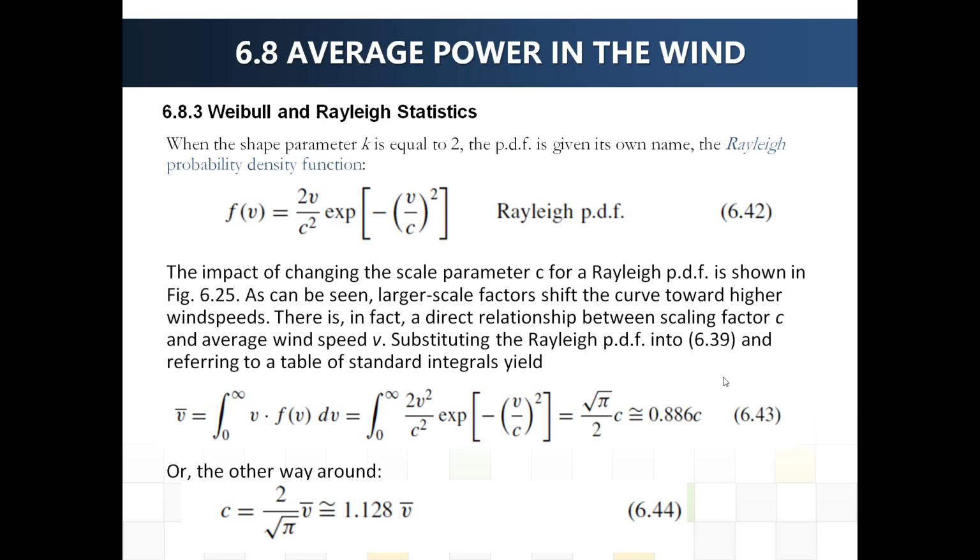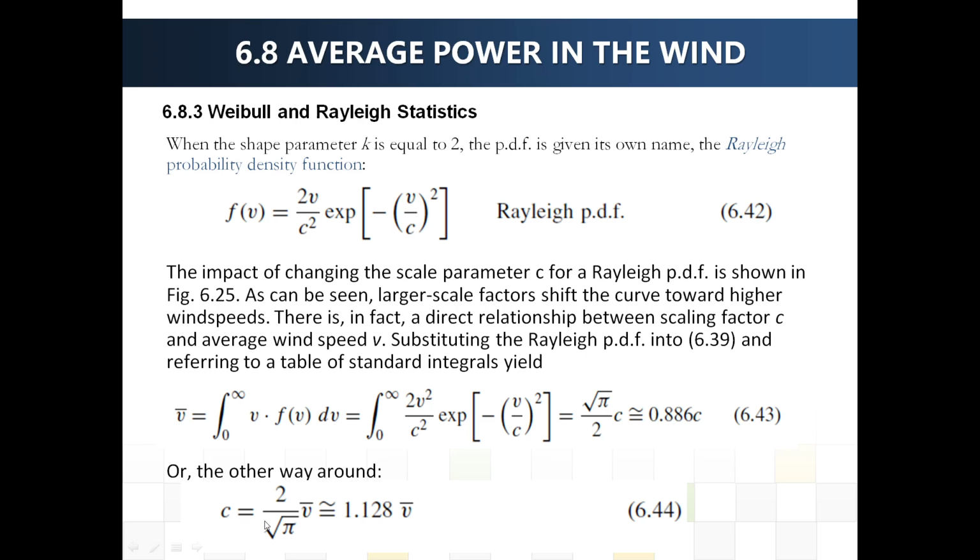Substituting the Rayleigh PDF into equation 6.39, we can get the average v, which is equal to the integral from 0 to infinity of v times f(v) dv. Substituting f(v) using the Rayleigh PDF, we can obtain the integral, which is equal to 0.886 c.